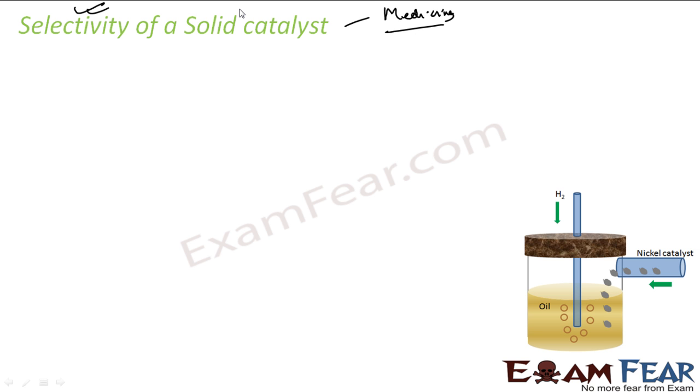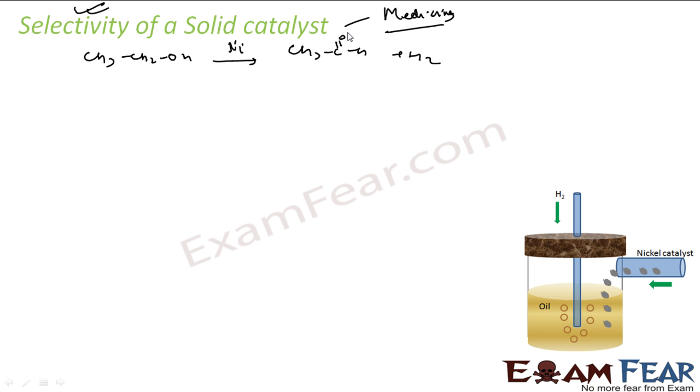If you talk from a reaction perspective, for example, I have CH3CH2OH, ethyl alcohol. If I use nickel as catalyst, I am getting this product.